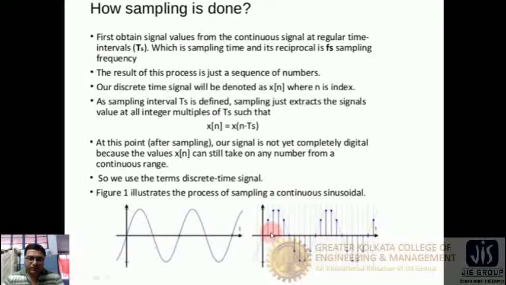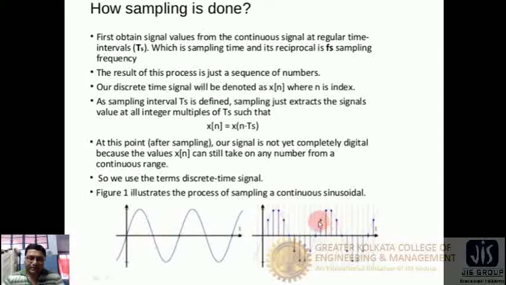Ts is the interval between two samples, and the inverse of this Ts is the sampling frequency, which is denoted as Fs, and we can take a sampled signal from a continuous time signal.